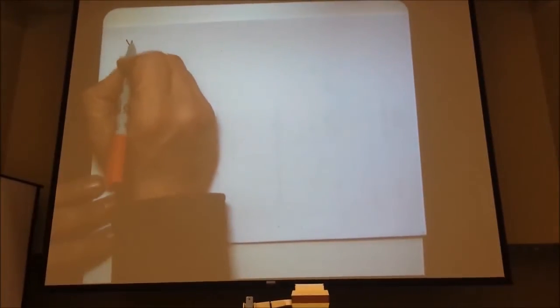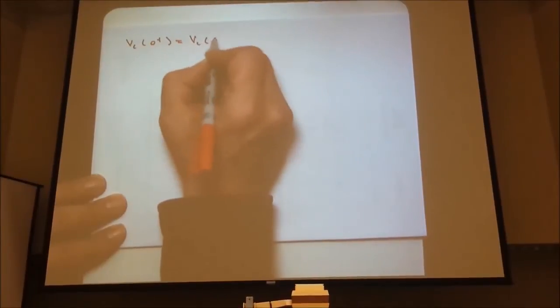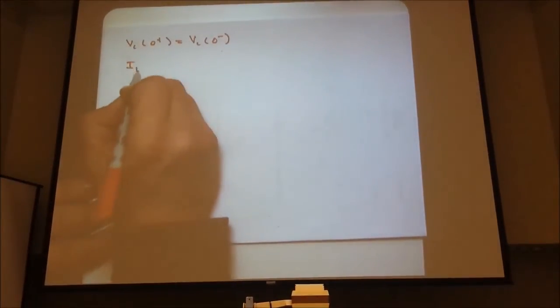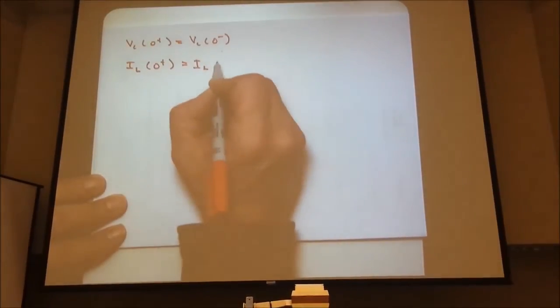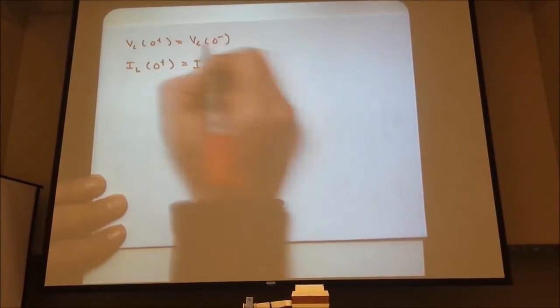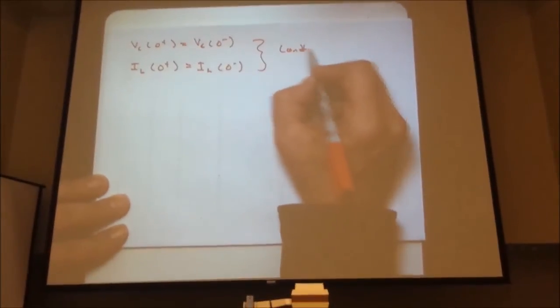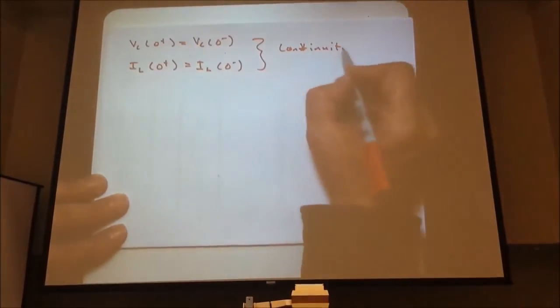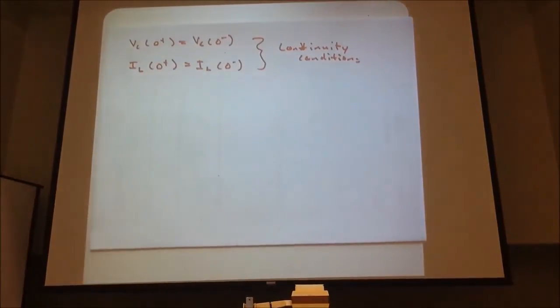Remember we said V_C(0+) = V_C(0-), and I_L(0+) = I_L(0-). These are continuity conditions for both voltage across the capacitor and current through an inductor, of course.